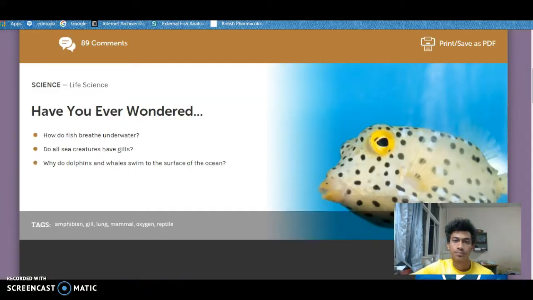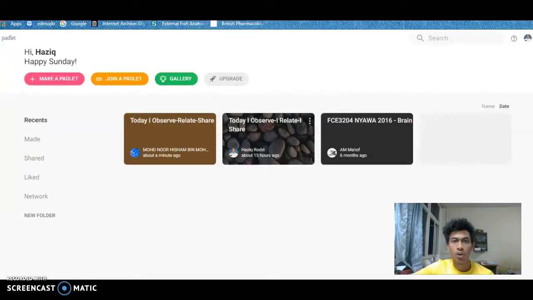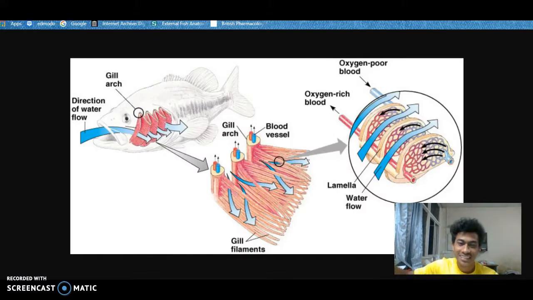So this is the image of the mechanism how the gills of fish work. Basically, the process is called the countercurrent.